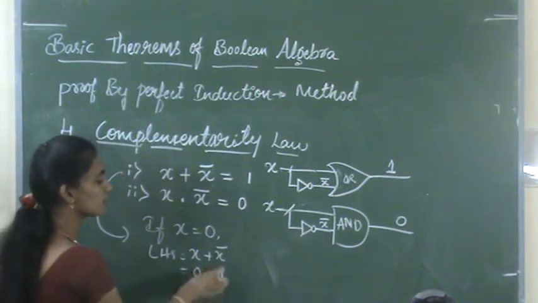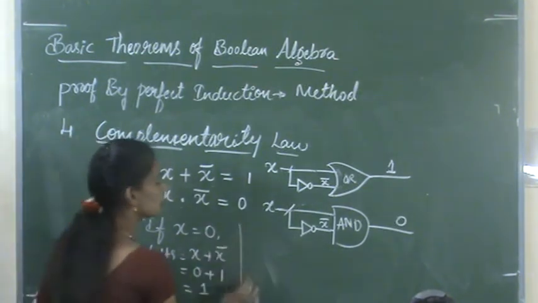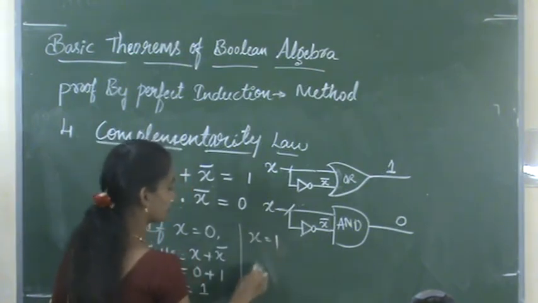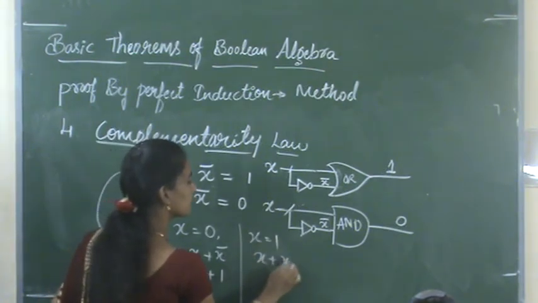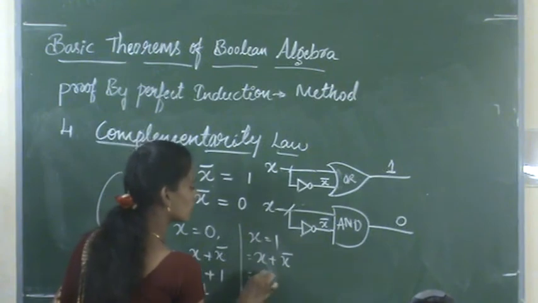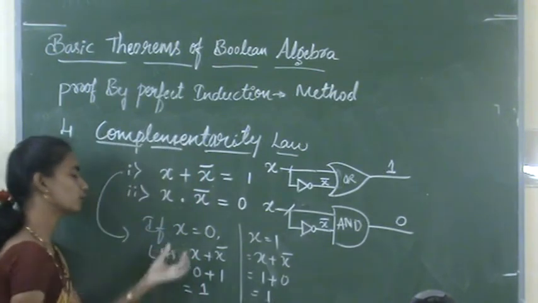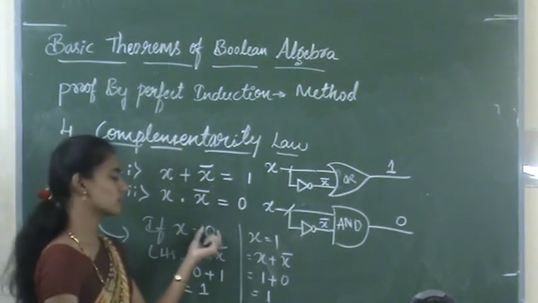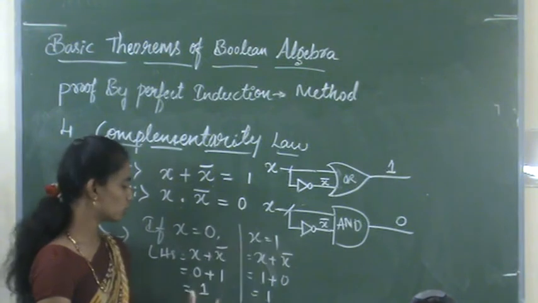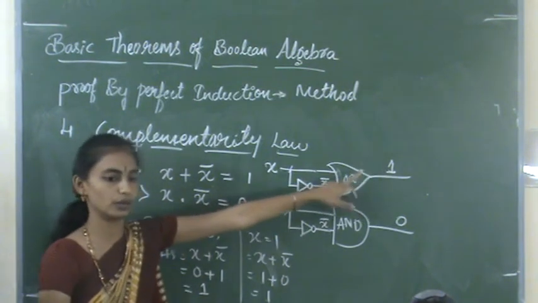So if I provide 0, I will get 1. If I provide 1, then x plus x bar is 1 plus what is 1 bar? That is 0. So 1 plus 0 is 1. So if you provide the x value as 0 or 1, you will get the result as 1 only.